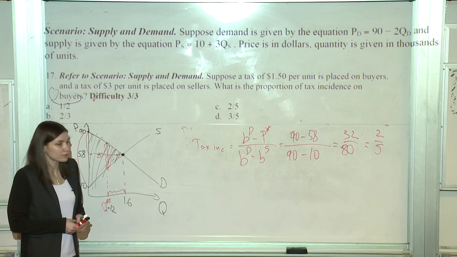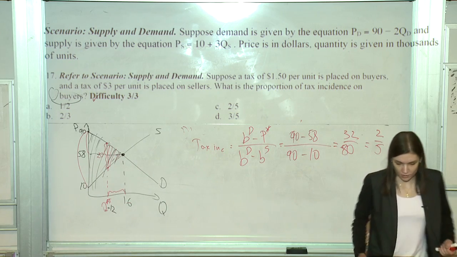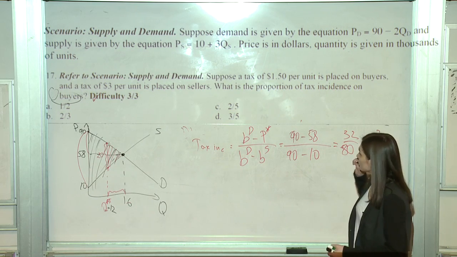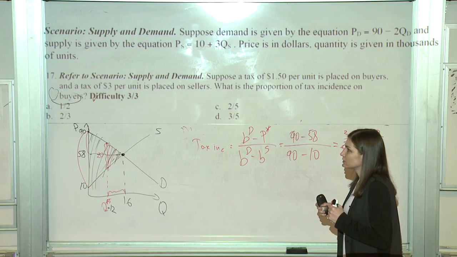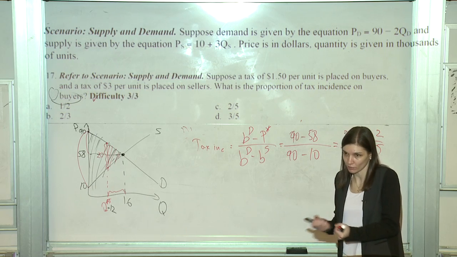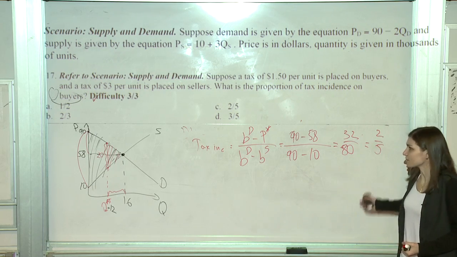So 2/5 is what buyers are going to pay. Is that right? Yeah. 2/5 of any tax is what buyers are going to end up effectively paying. It doesn't matter how much money comes out of their pocket, who pays the government. That's the burden that they're going to bear out of any tax.